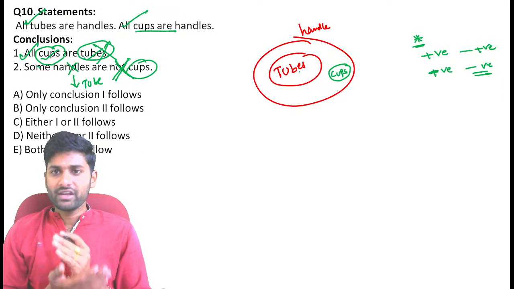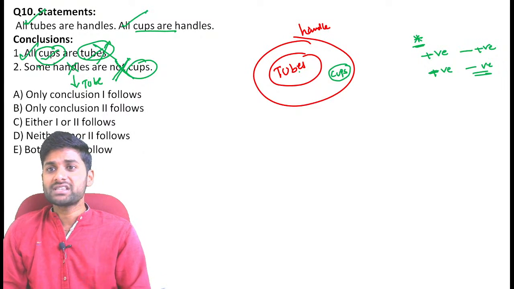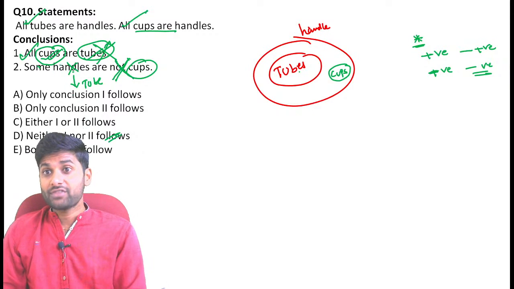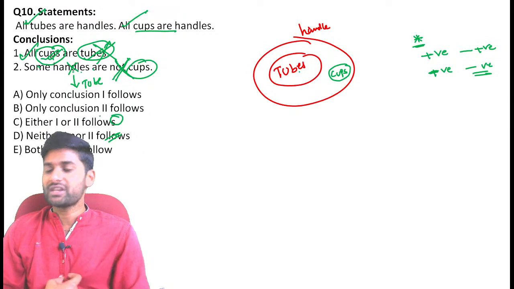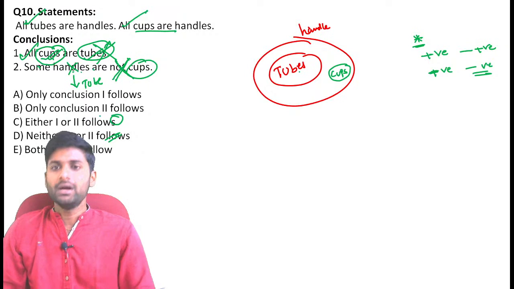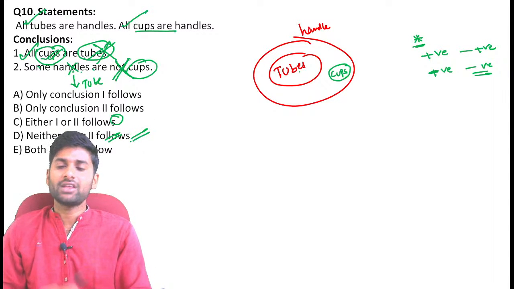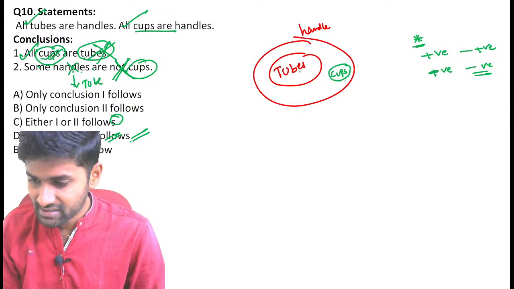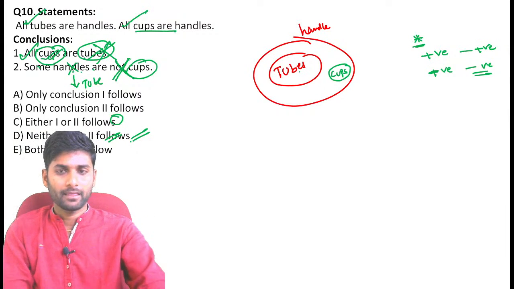Choosing either or requires the objects to be similar, like cup and tube. Here cup and tube are not both there, so definitely the answer is neither nor. If there are similar objects with a complementary pair, then you can choose the option either or, guys. Remember, but here you can directly choose neither nor as the correct answer. So complementary pairs are most important, guys. Just go through the concept once. Next one.